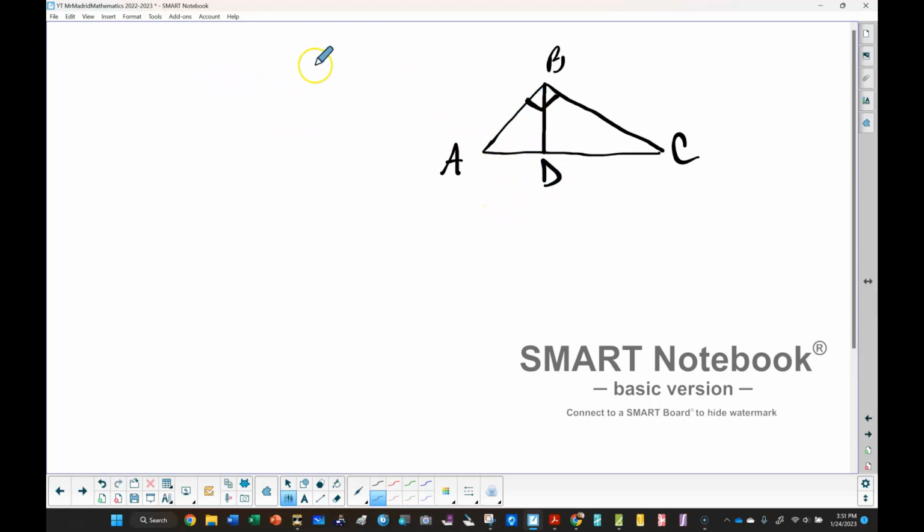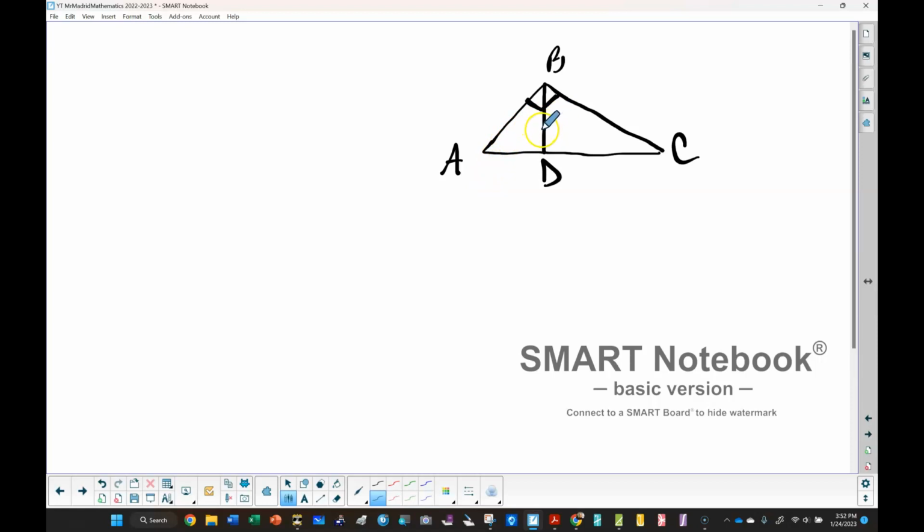I'm not going to write out those details because you know the symbol for similar. Right triangle ABC is similar to BCD, which is similar to ABD. You want to put what I just said in your notebooks. The three triangles in this case are guaranteed each time to be similar.